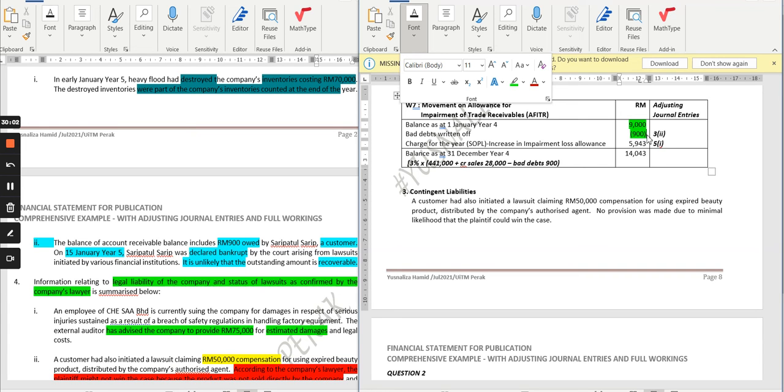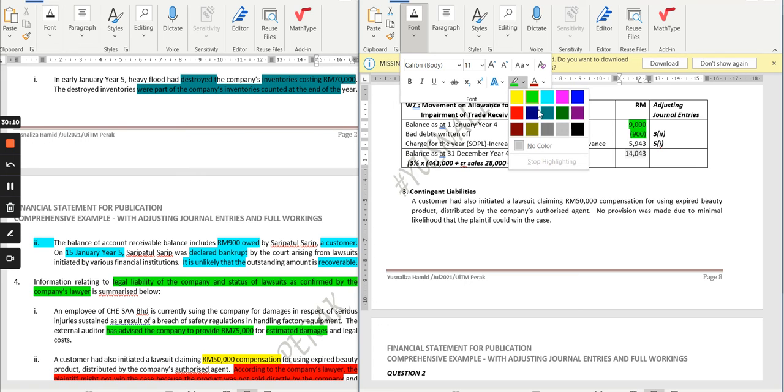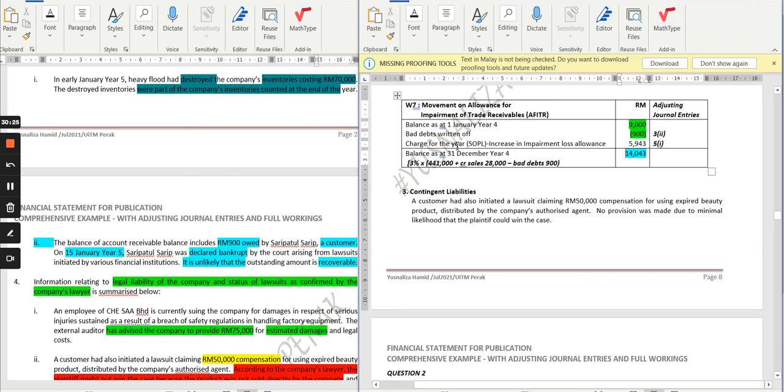If you compare this 8,100 with 14,043, you would see that there is an increase of 5,943, and that is the impairment loss. So the impairment loss will have to be charged as part of admin expenses in your SOPL. So you need to find out the impairment loss, 5,943, if that is an increase.